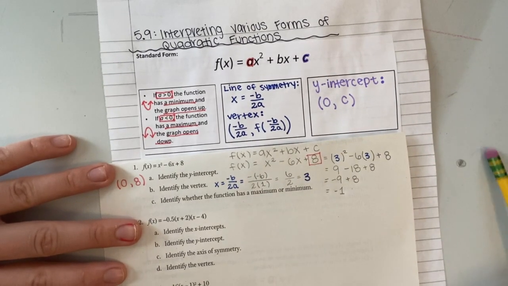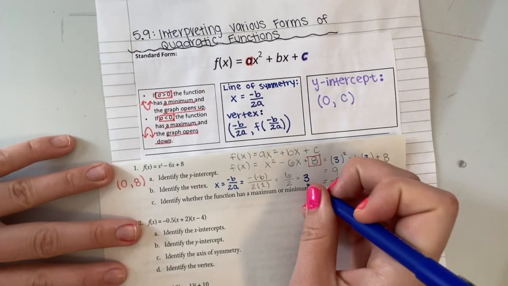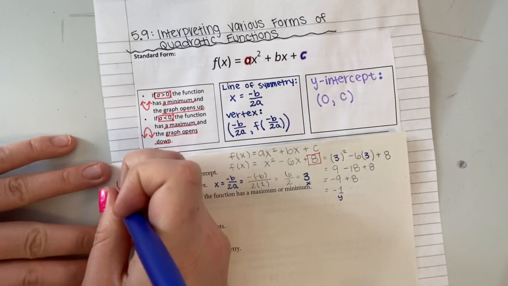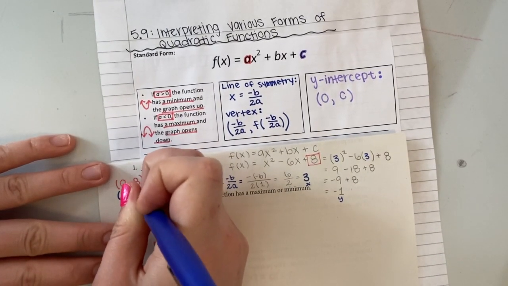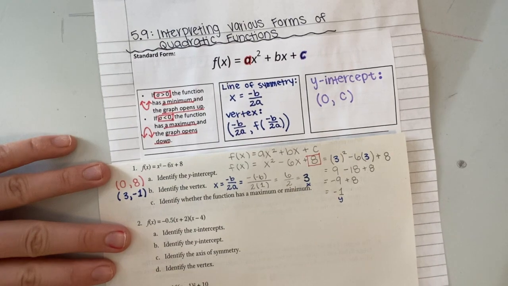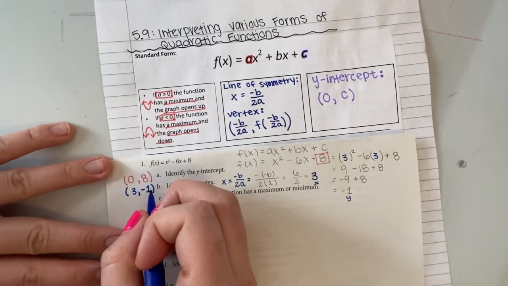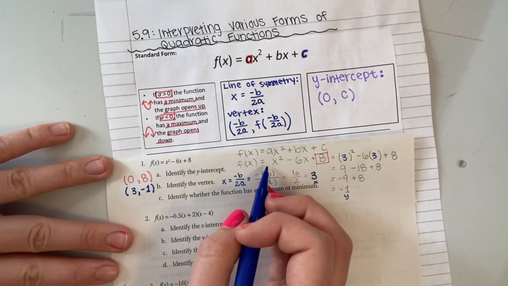So if that's the y value of my vertex, now I have my vertex because I have my x value and I have my y value. So it's 3, negative 1. And I know that this is a minimum because my a is positive. It's a positive 1.